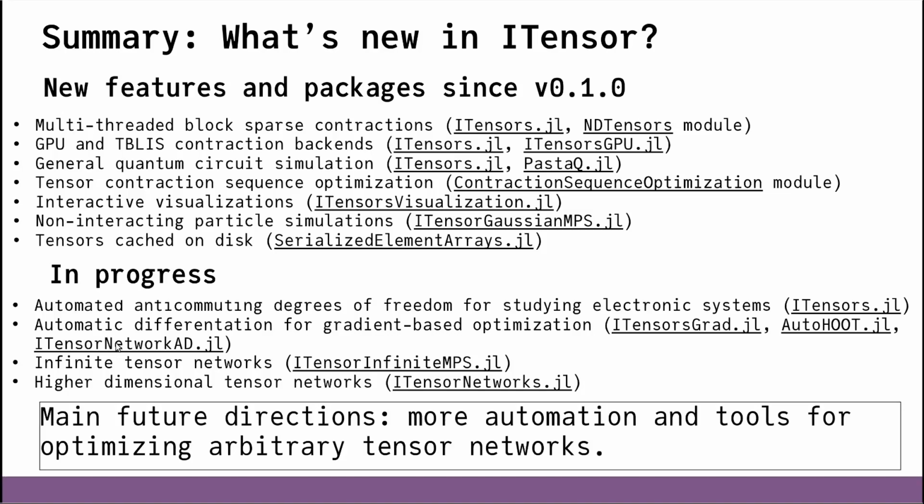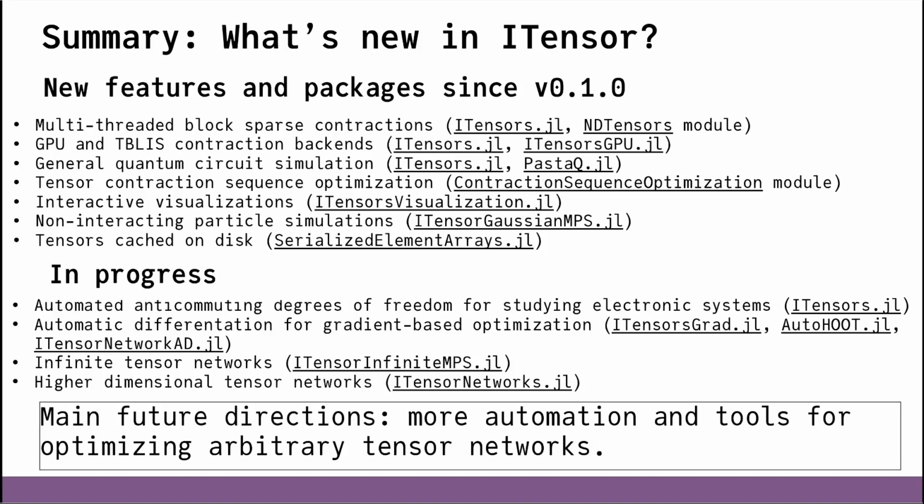In addition, we've been working on packages for studying infinite tensor networks such as ITensorInfiniteMPS.jl, as well as packages for studying tensor networks with arbitrary network topologies in this package, ITensorNetworks.jl.